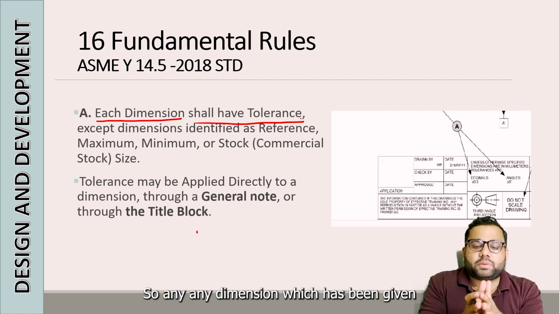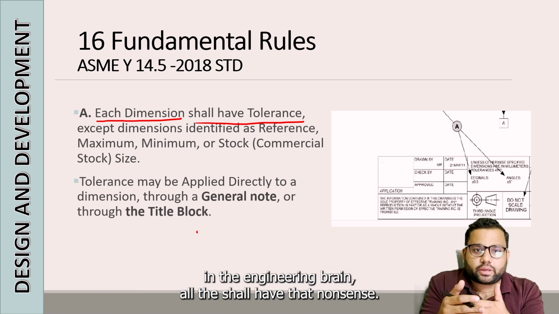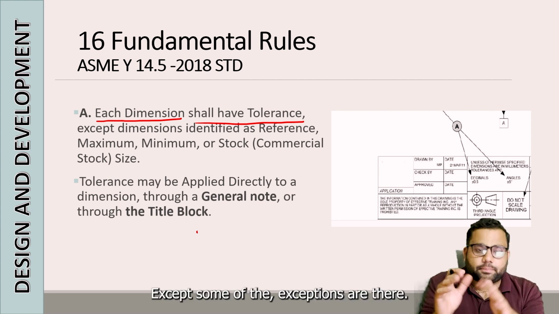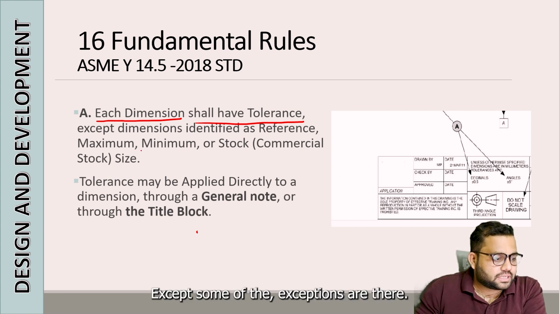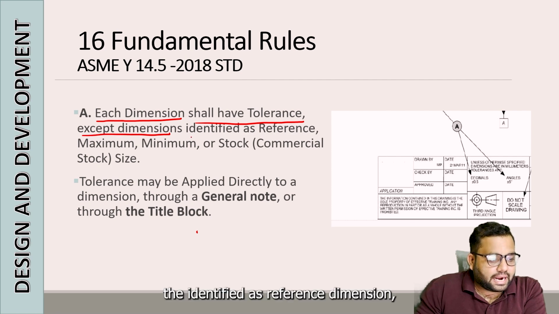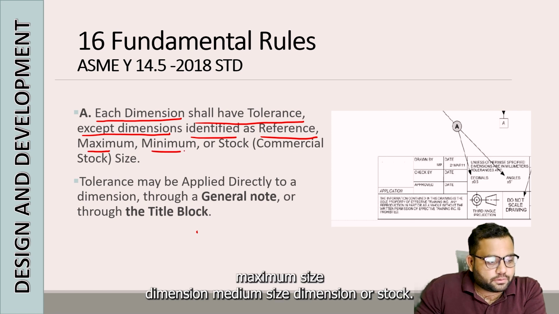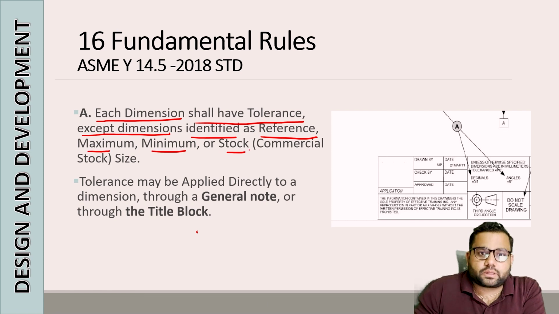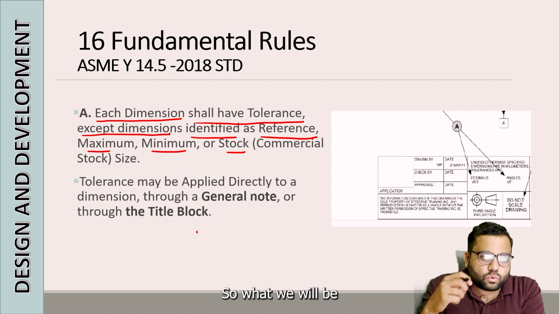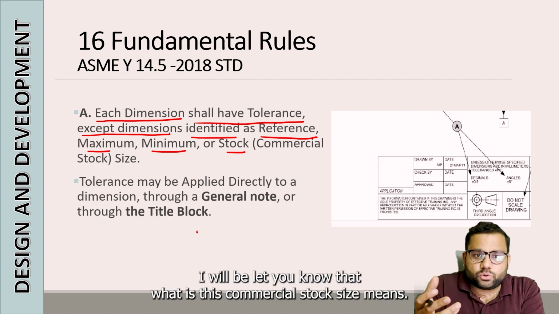Any dimension given in the engineering drawing always shall have a tolerance, except for some exceptions: dimensions identified as reference dimension, maximum size dimension, minimum size dimension, or stock. Stock is also known as the commercial stock size. I will let you know what this commercial stock size means.